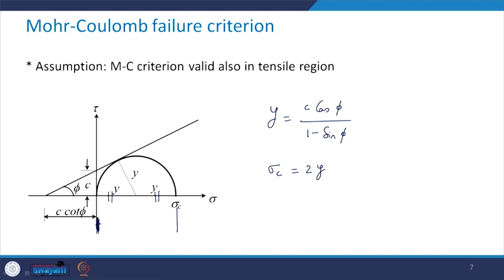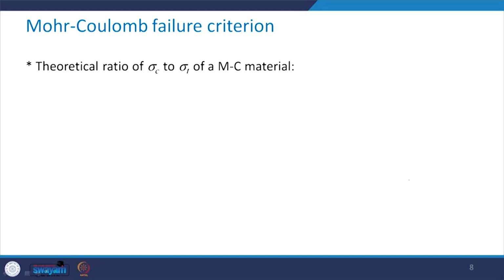So therefore this sigma c becomes equal to 2y, and that is equal to 2c cos phi divided by 1 minus sine phi. So it is simple trigonometry that we can use to find these relationships.